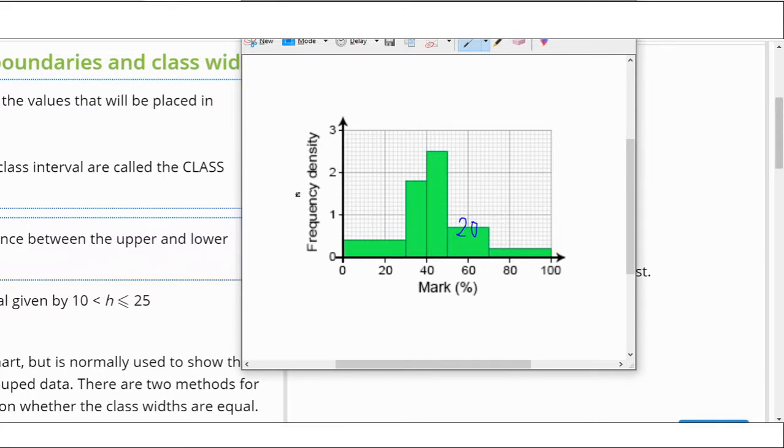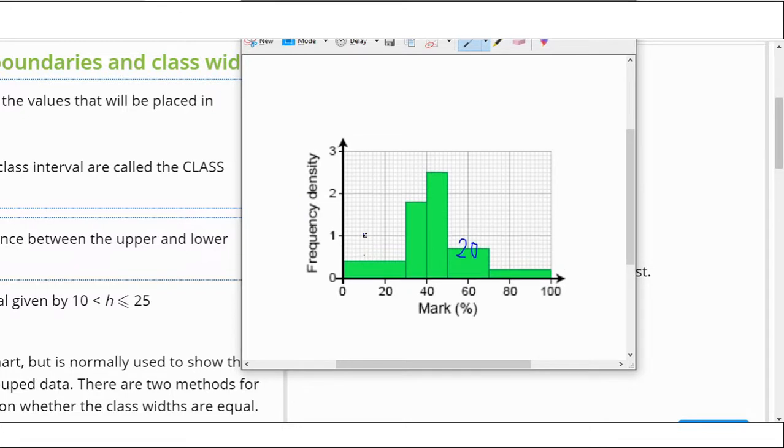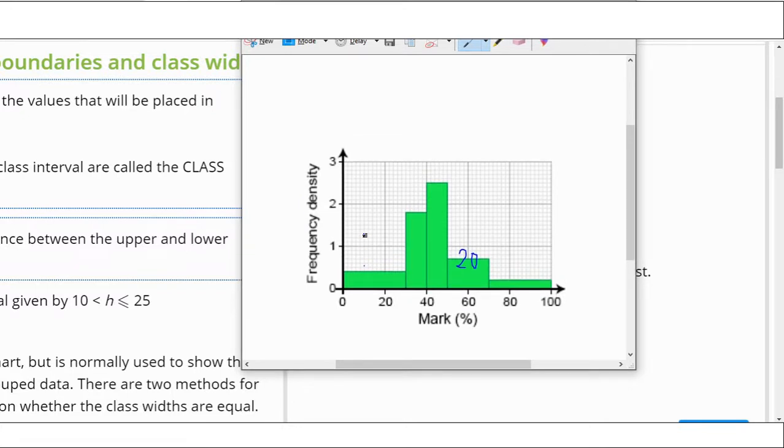And then to find the frequency, you need to multiply by the frequency density. The frequency density of this, it is 0.7.